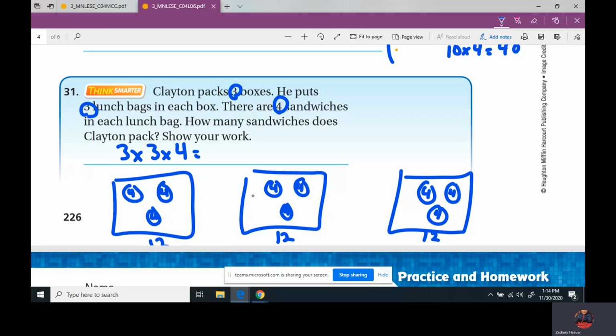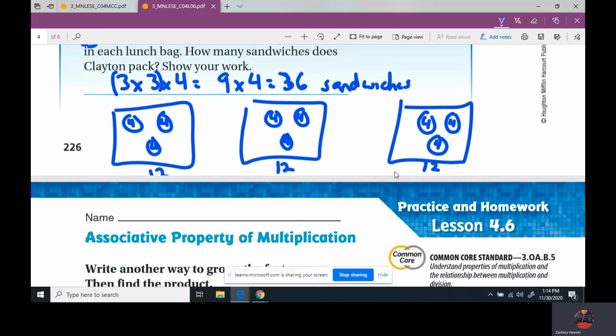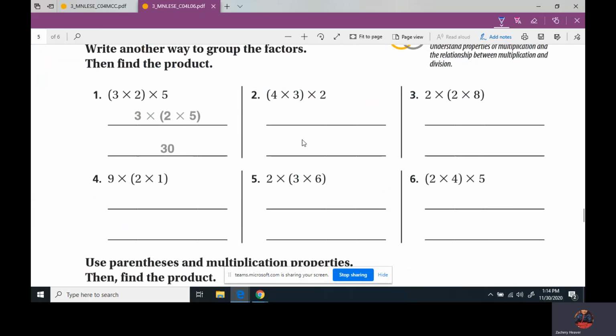If we do the associative property, I'm going to group 3 and 3 together, which makes 9 times 4. And I know 9 times 4 is going to be 36 sandwiches. Pause this whenever you need to, or go back if you have to.